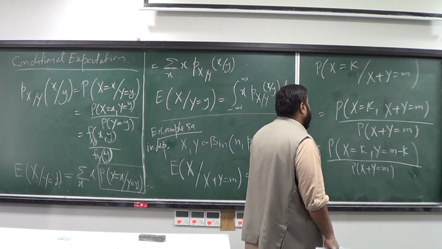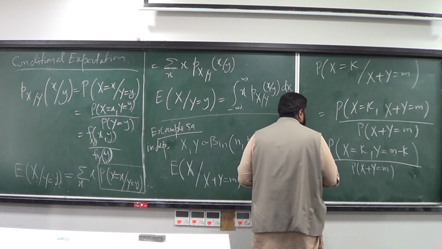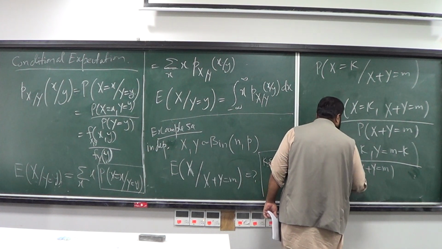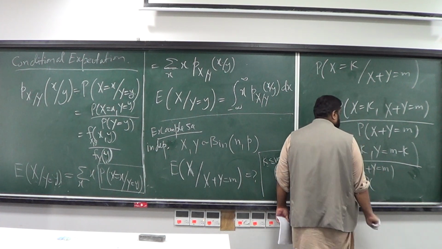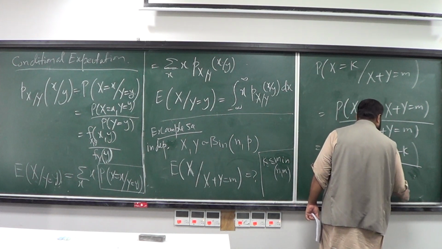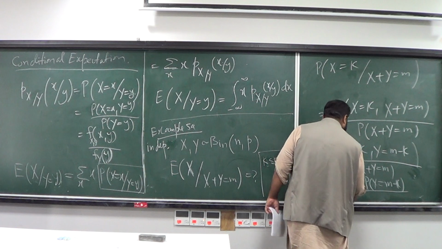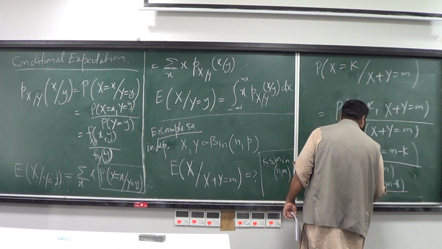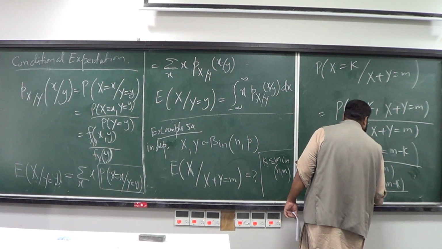Now X and Y are independent random variables, so this is the same as the probability of X equal to k times the probability of Y equal to m minus k, divided by the probability of X plus Y equal to m.